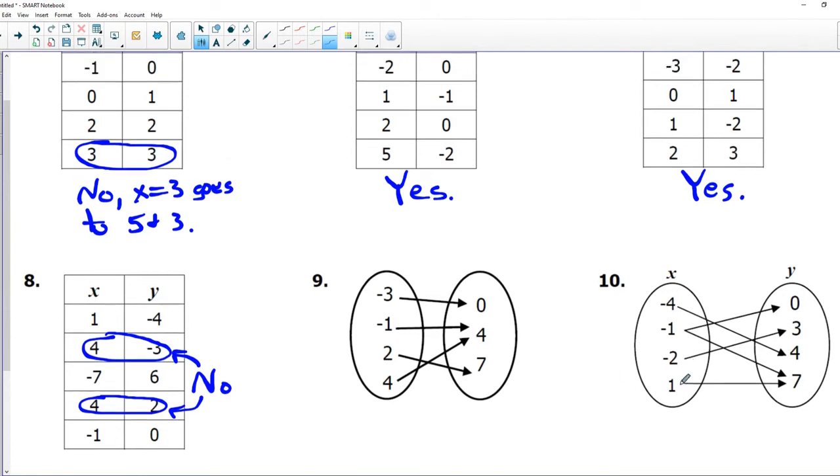Now with the mapping, you don't always get them labeled, but it's assumed that the left side is the domain, or the set of x values, and the right side is the set of y values. So like here it's labeled x's, y's, but it won't always be labeled. And there really should be arrows going from the left to the right to show that this is the input, it's going into the function, and then the output is what comes out in the set of y's.